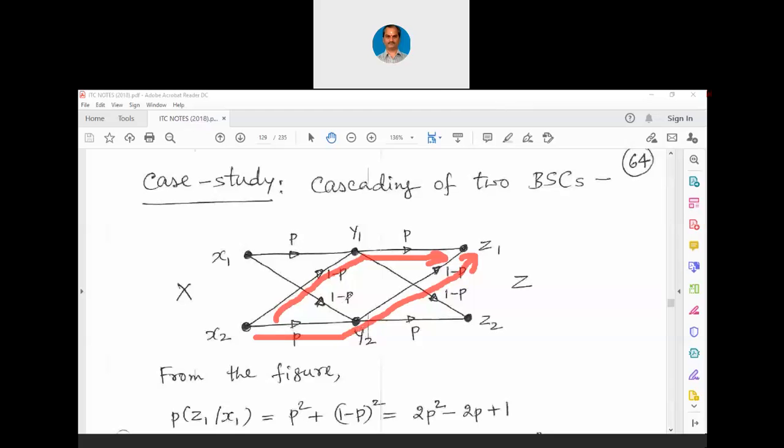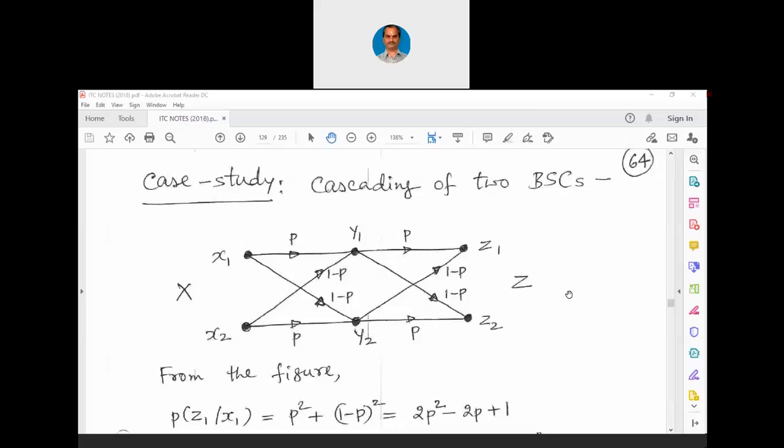Now as this is a binary symmetric channel, even the other one is also equal, that is P of z2/x1. For z2/x1, this is one path, and then this is one more path. That is p into 1 minus p plus 1 minus p into p.